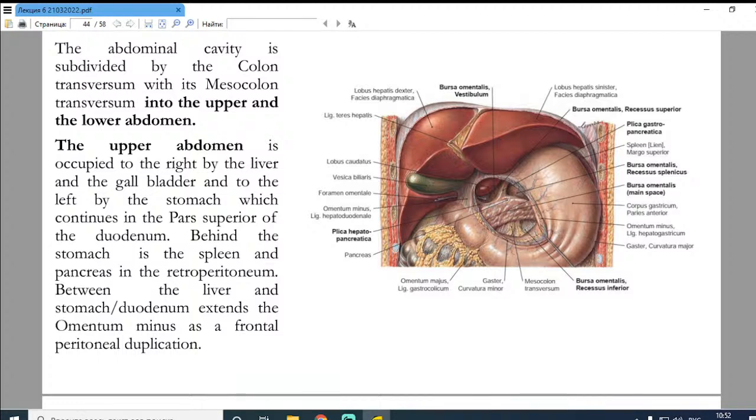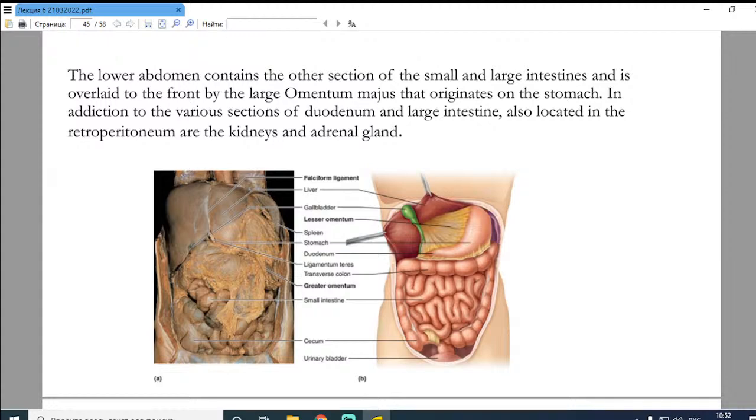Between the liver and the stomach and duodenum extends the omentum minus as a frontal peritoneal duplication. This is the upper abdomen. The lower abdomen contains the other sections of the small and large intestines and is overlaid to the front by the omentum majus.